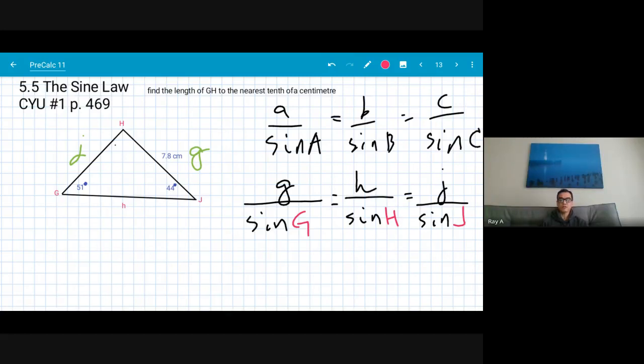The trick here, guys, is to ask yourself first, which one among these fractions has the value you're looking for, in this case, the j. The j is here, so for sure we're going to need this whole thing, j over sine j.